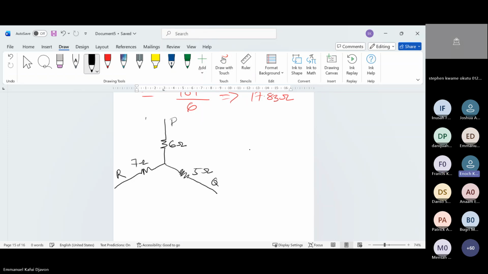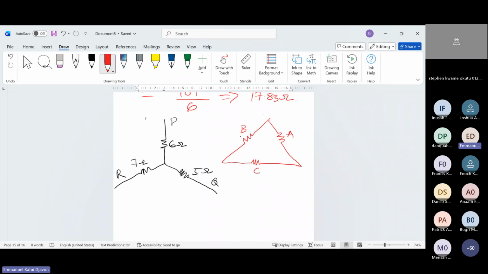So the star equivalent will be this, A, B, and C.